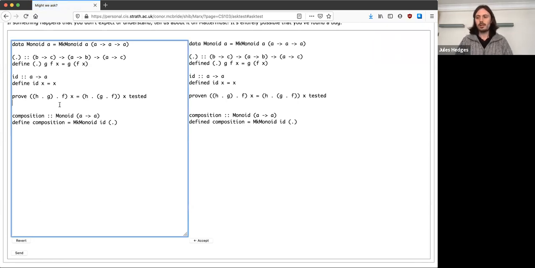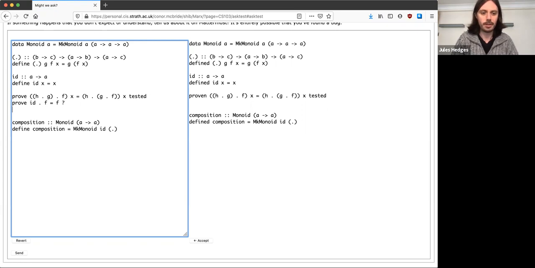So now I have two more things that I need to prove. I need to prove that this really is the neutral element. So I have to prove that id after f is equal to f, and I need to prove that f after id is equal to f.